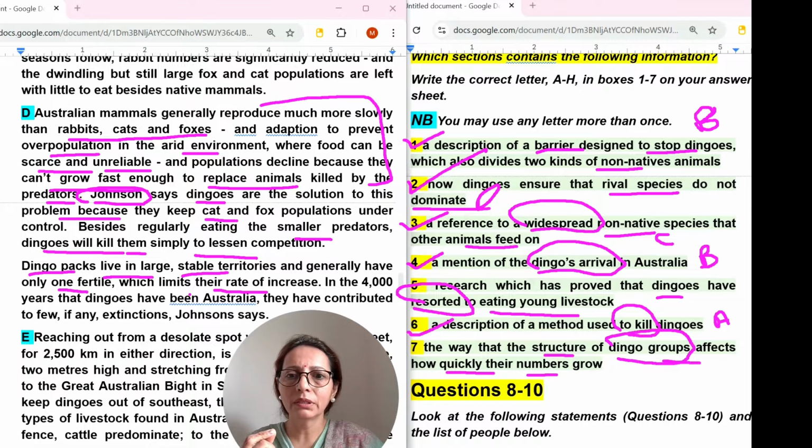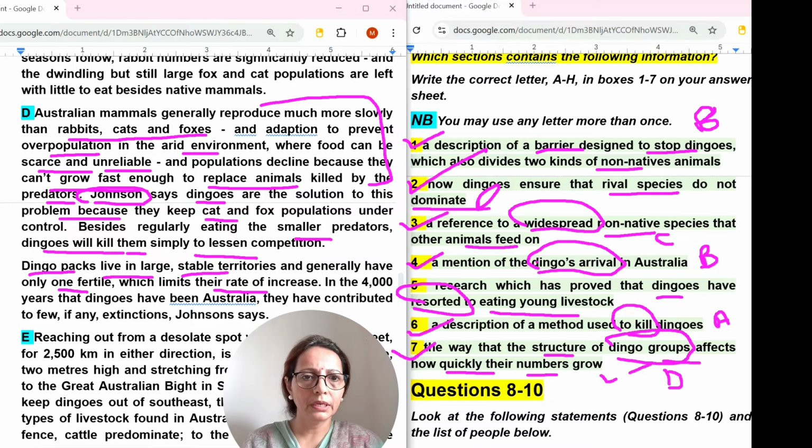It is clearly given, their rate of increase, they live in large stable territories and generally have one fertile female, which limits their rate of increase. So definitely it will come with D number. Now, how many questions are left? Fifth is left. Only fifth is left.